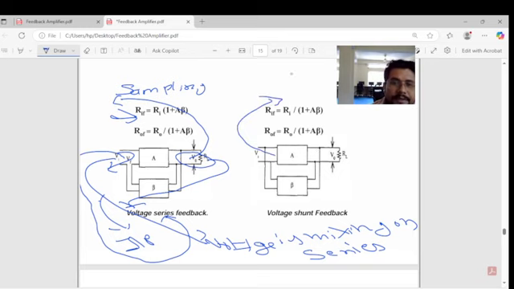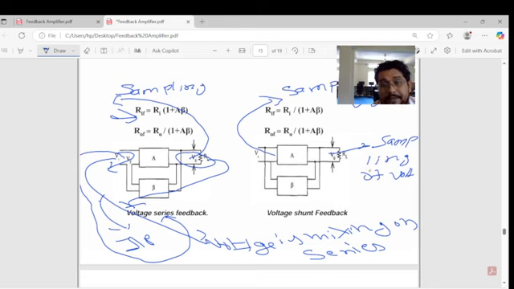Here the voltage is shunting. Here sampling of voltage is happening. At the input terminal, sampling of voltages. At the output terminal also, sampling of voltages. So how will we write first?